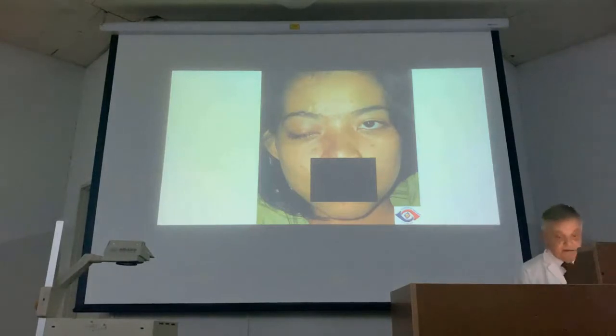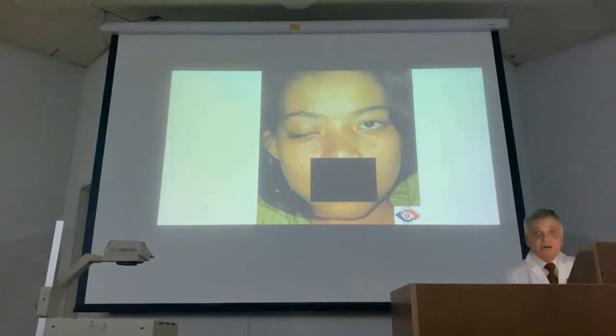It's paralyzed, which is supplied by oculomotor. And I have shown you some cases where if you lift the upper eyelid, you see the eye is looking down and lateral. So the problem here is oculomotor nerve palsy.